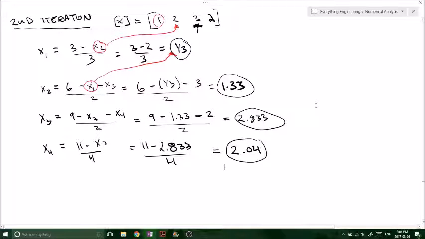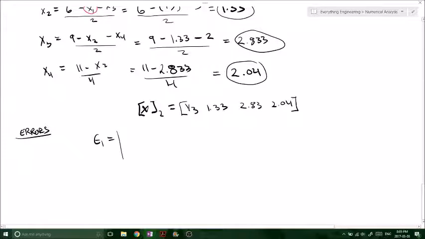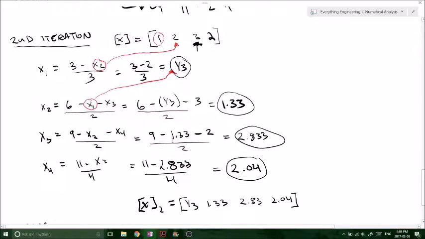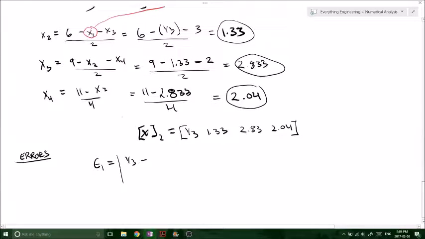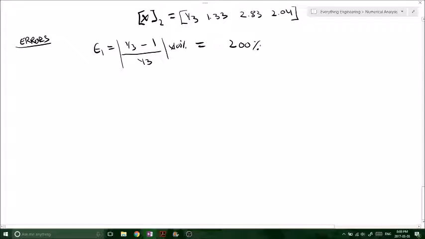Okay, so this is our new x. Let's call this x iteration 2. This equals 1/3, our new value, minus our old one, which was 1 from our previous iteration, for 100%. So we've got 200% now.